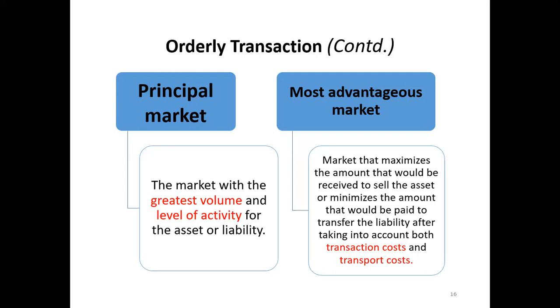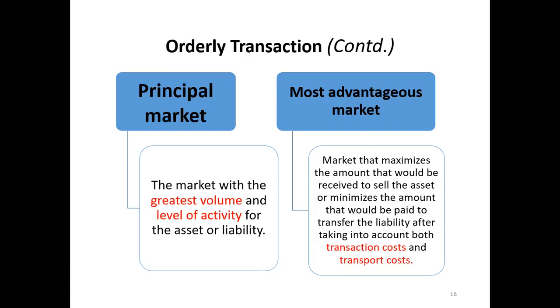That is the market with the greatest volume and level of activity. And what is that? That is the retail market. In the retail market, as I said, there are 250 transactions. So therefore, when you are looking at the fair value, you need to refer to this principal market, that is the retail market in our case, and take the fair value referring to that market. So remember, the fair value is, in simple words, the exit price in the principal market. Right? That is what we call the fair value.